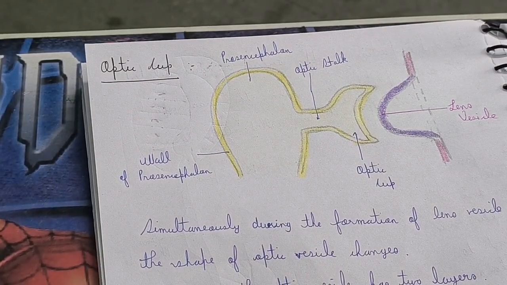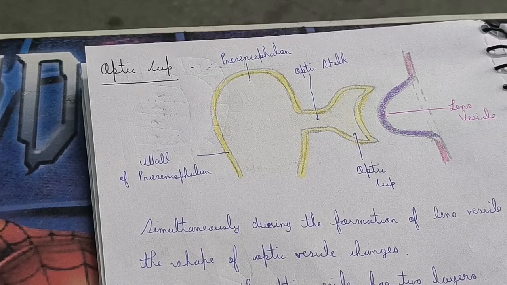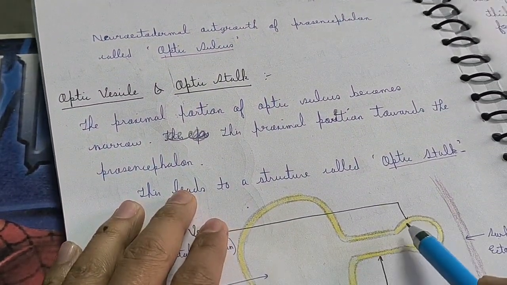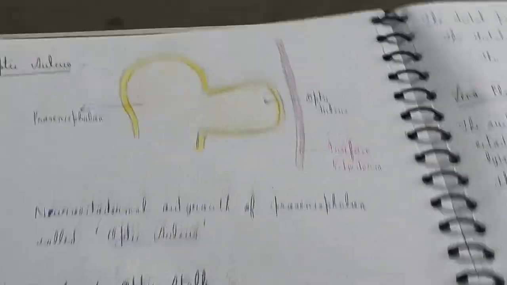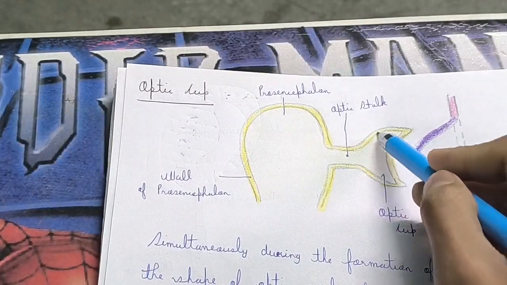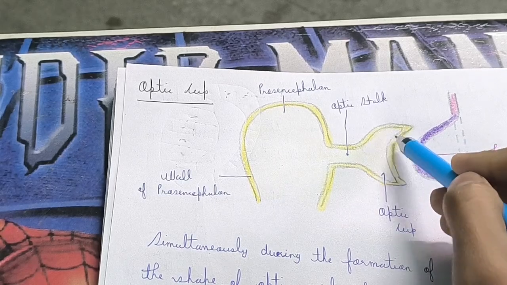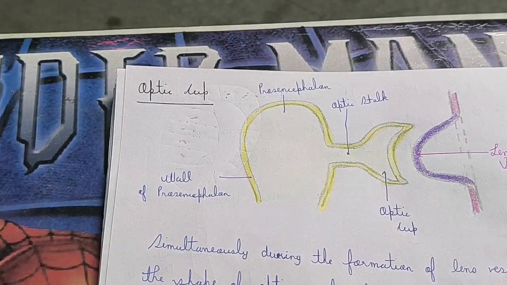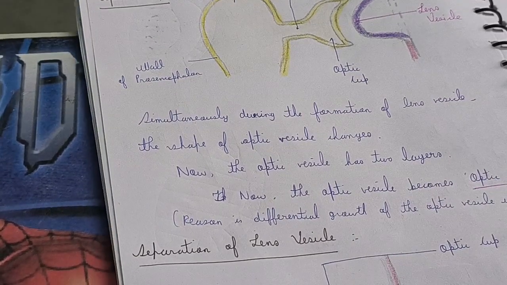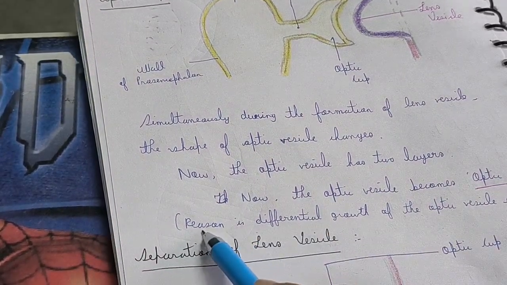Now, what is the optic cup? Initially the optic vesicle is only a single layer. But now this optic vesicle has two layers: one layer, first, second, two layers, and this double layer is due to differential growth of the optic vesicle wall. Why does this occur?